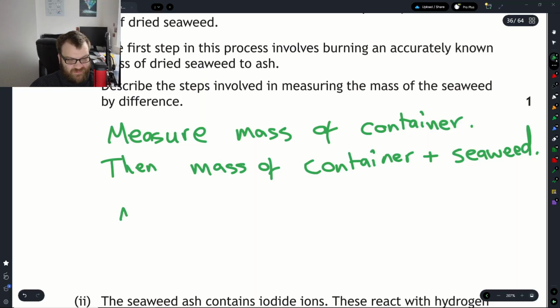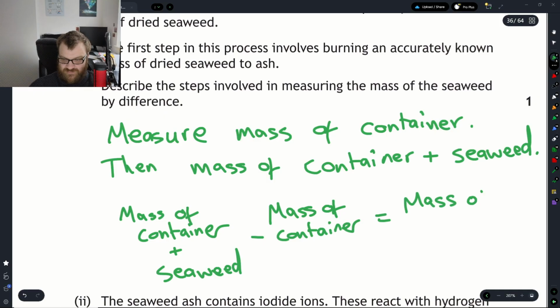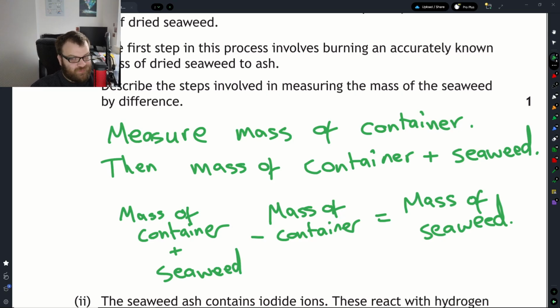Then you want the difference between them: mass of container plus seaweed, take away mass of container. Another option is to put your container onto your balance and zero it, or tare it, then add your seaweed. That will get you the mass of the seaweed.